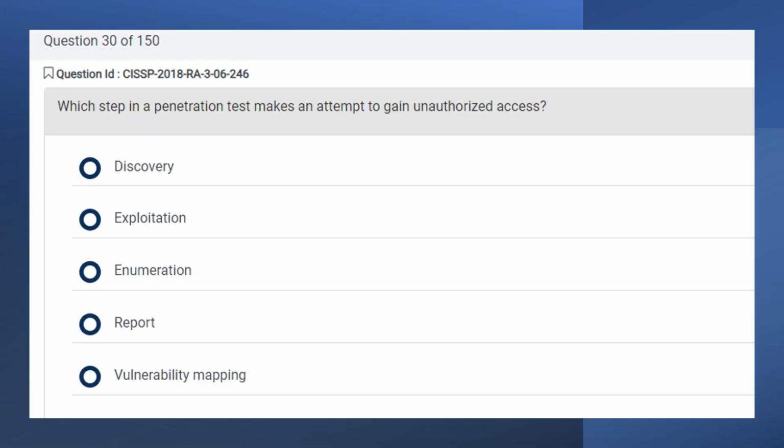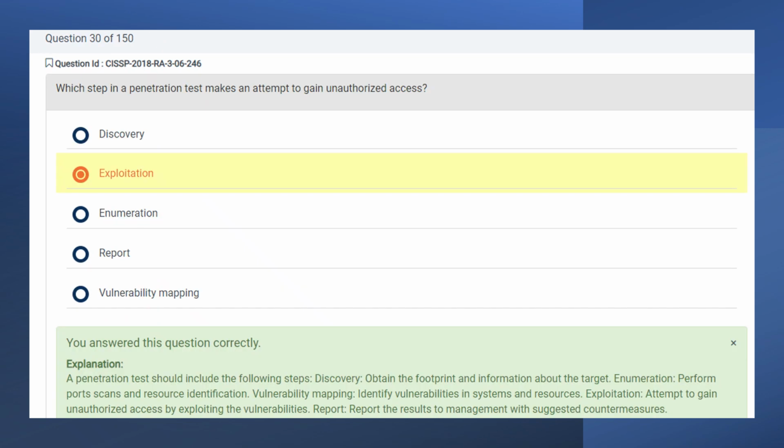Question 30. Which step in a penetration test makes an attempt to gain unauthorized access? A. Discovery, B. Exploitation, C. Enumeration, D. Report, E. Vulnerability mapping. The correct answer is exploitation. A penetration test should include the following steps. Discovery, which obtains the footprint and information about the target.